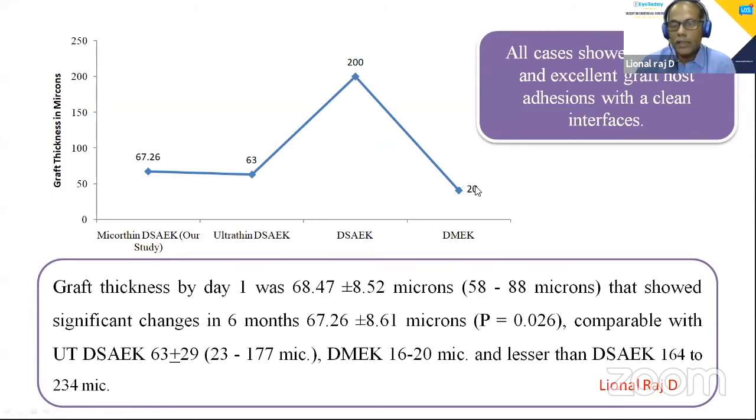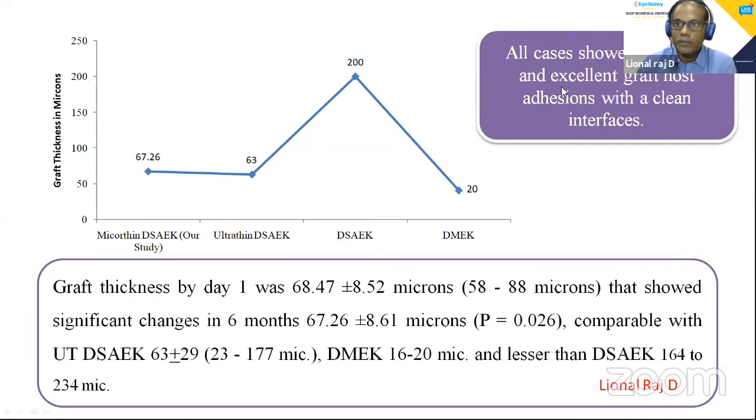PDEK is plus 15, closer to 40-45 microns. So it gives a better visual quality with the least amount of difficulty in tissue handling and graft preparation.